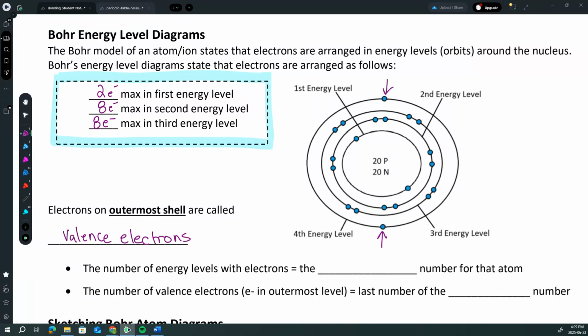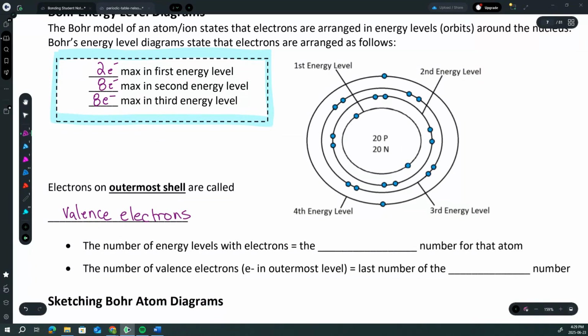The reason they have a special name is because these are the electrons that create bonds between different atoms. They're the only electrons that do something interesting, so that's why they get the fancy name.